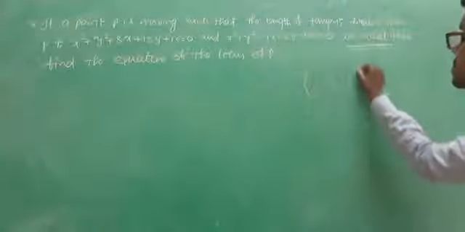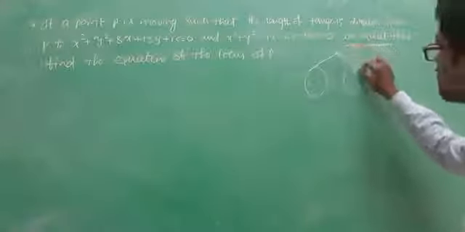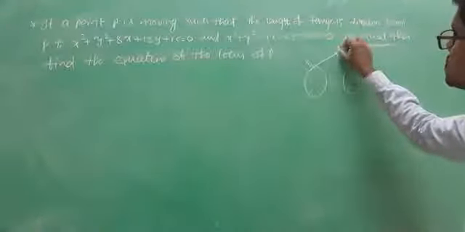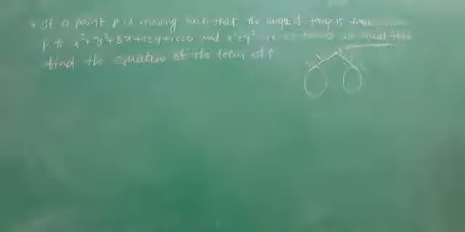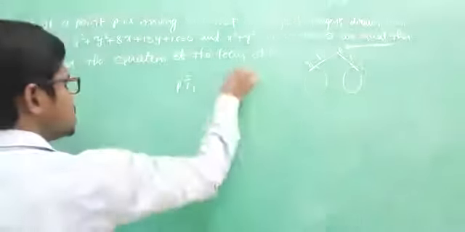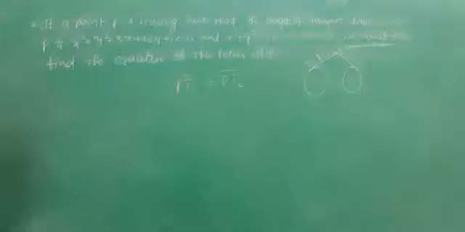So that means the tangents from point P have the same length, in the ratio 1:1. So that means PT1 is equal to PT2.